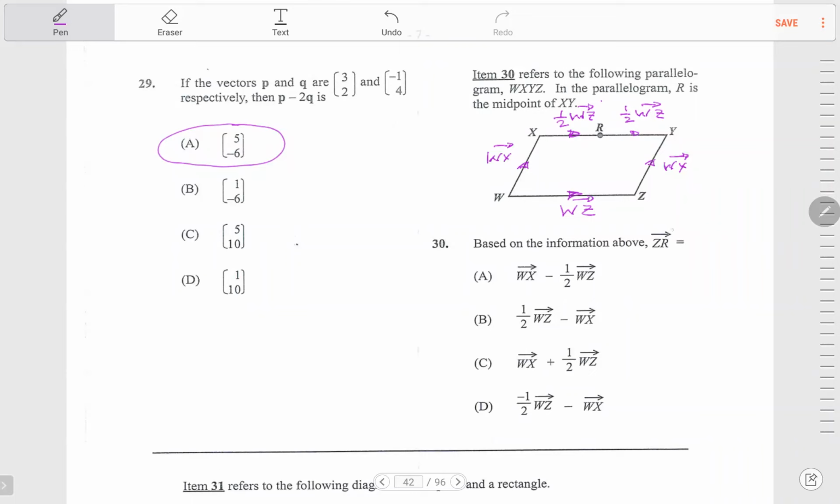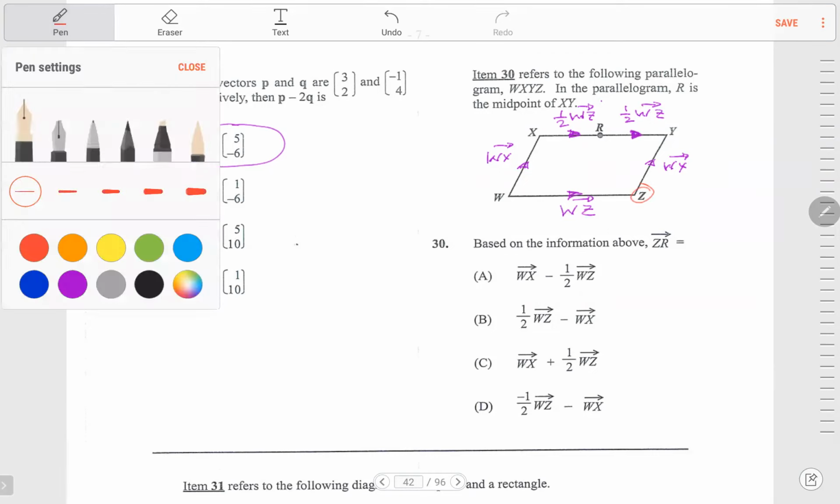And then the question wants us to find ZR. So it's a matter of looking at the diagram and seeing how we go from Z to R. So let's draw that in red. The easiest way is going along the vector directions. So let me put back the directions on this properly. WZ is positive this way, to the right.